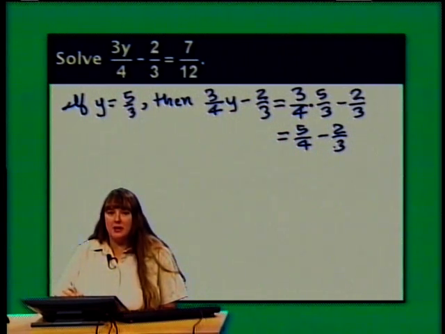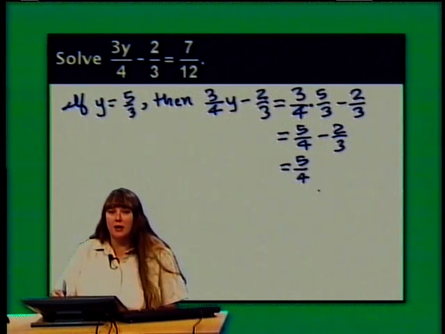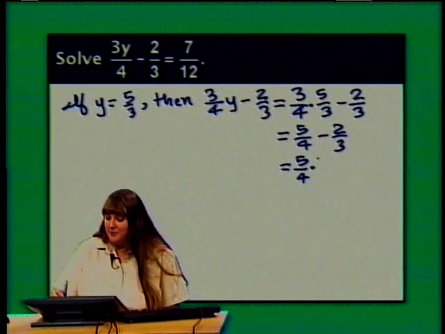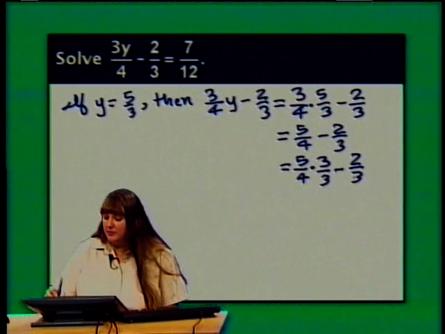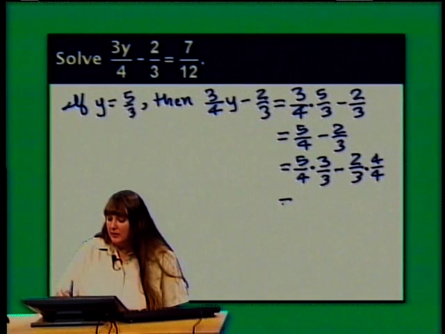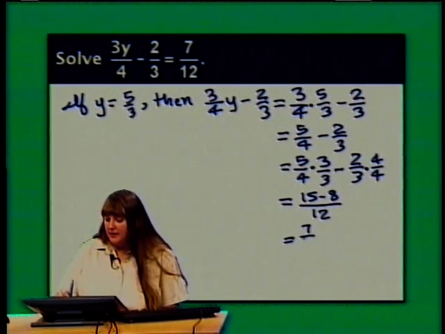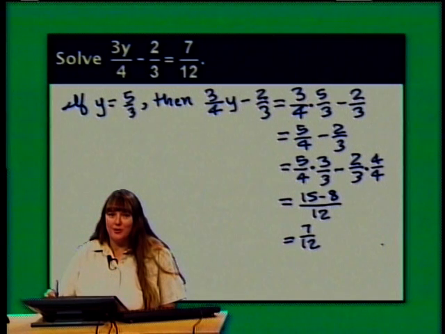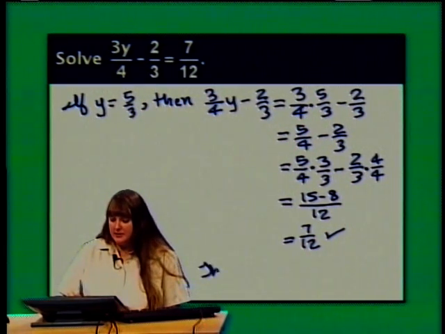Now I need a common denominator to subtract. 3 and 4 have a least common multiple of 12, so I'm going to multiply 5/4 by 3 over 3, and I'm going to multiply 2/3 by 4 over 4. So I have 15 minus 8 over a common denominator of 12. And that is 7/12, which is good. The right-hand side of the equation is 7/12. The left-hand side evaluates to 7/12 when y equals 5/3. So the solution is 5/3.